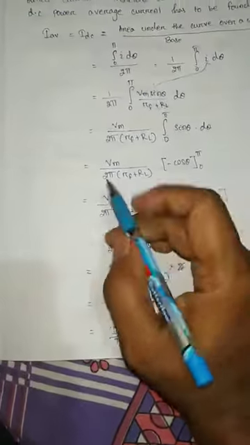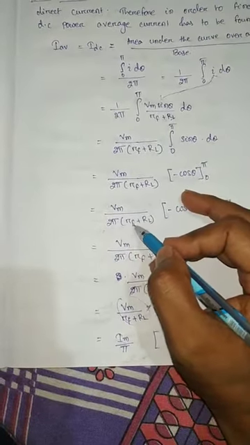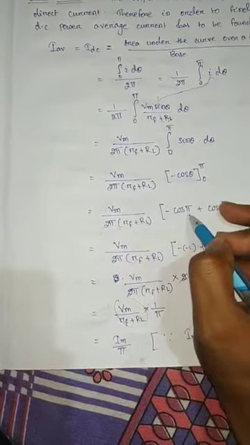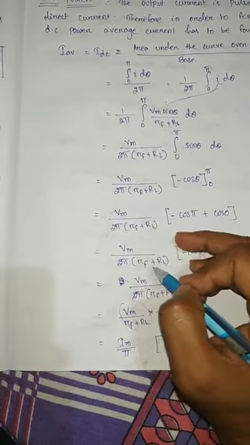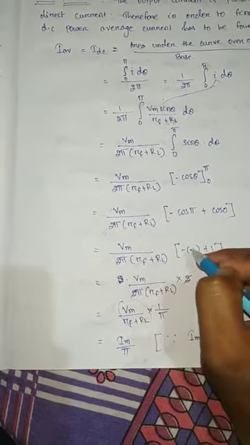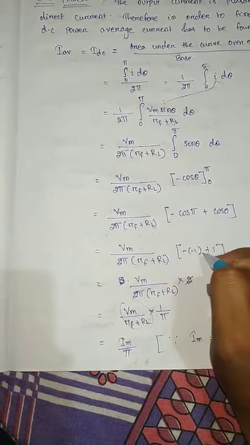Now the expression becomes Vm divided by 2 pi Rf plus RL, minus cos pi plus cos 0. The value of cos pi is minus 1, so minus of minus 1 plus 1.